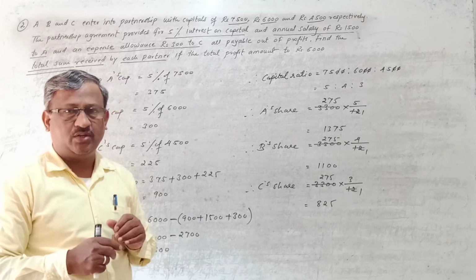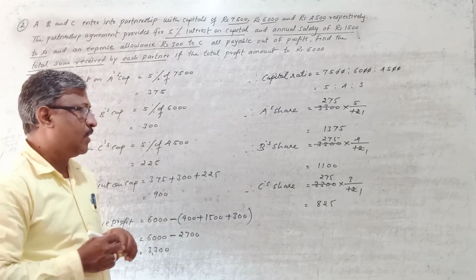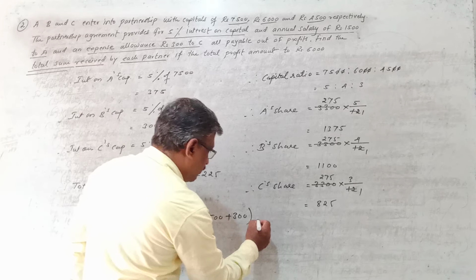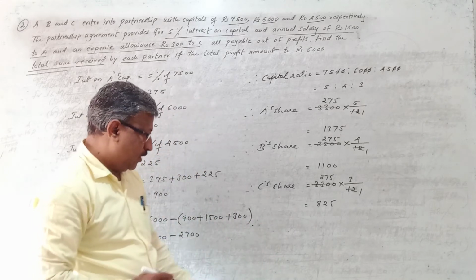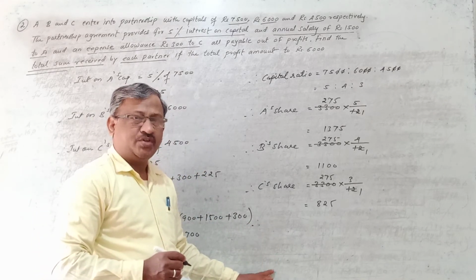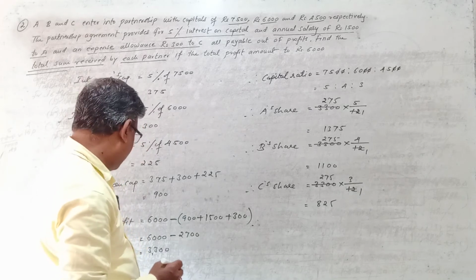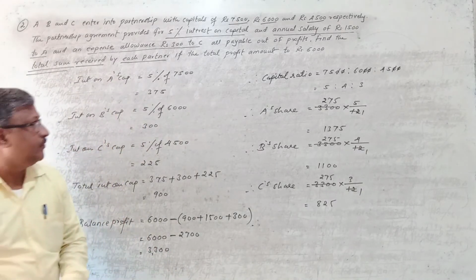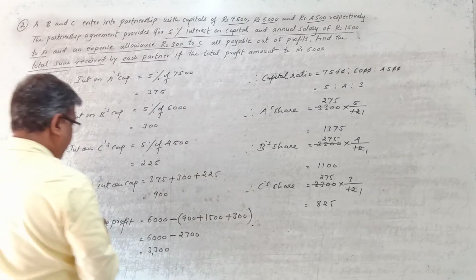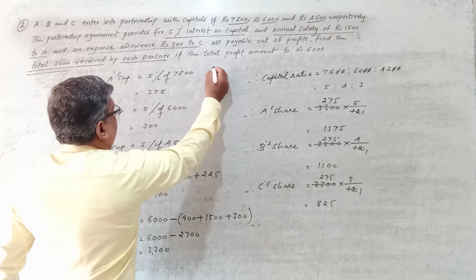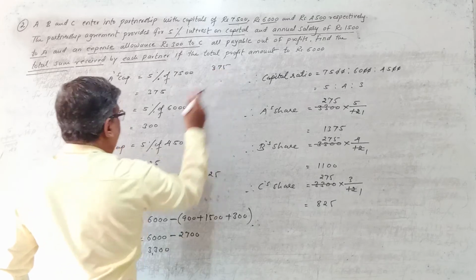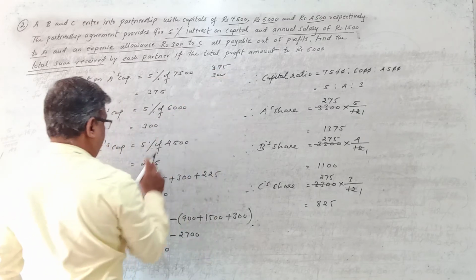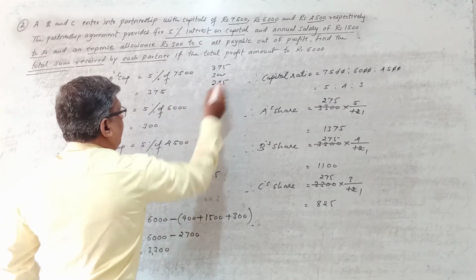So let's calculate the total share of all these three partners. First you calculate A's share. So A's total share, the calculation we will do over here.